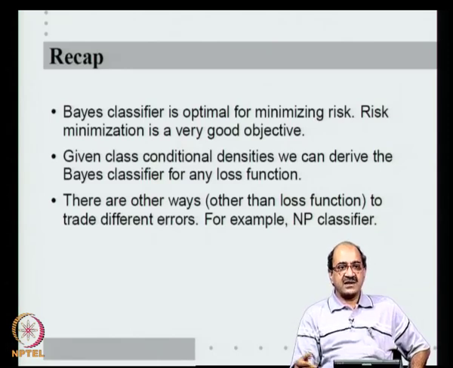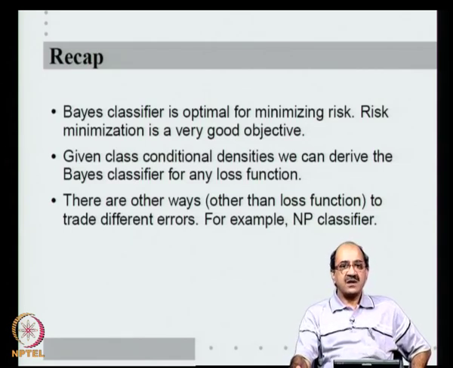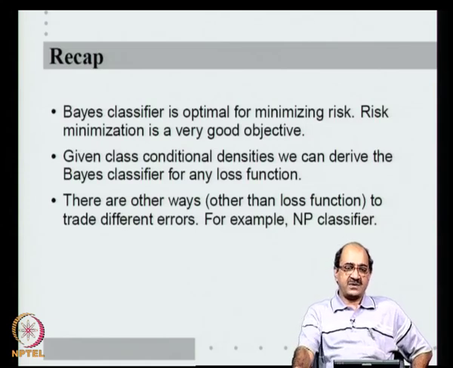So, when you take the risk, which is some expectation of loss, that is a kind of weighted loss, the final risk through the loss function values tells you how to trade one kind of error versus another. So, given a loss function which defines our acceptable trade offs, risk minimization is one objective.